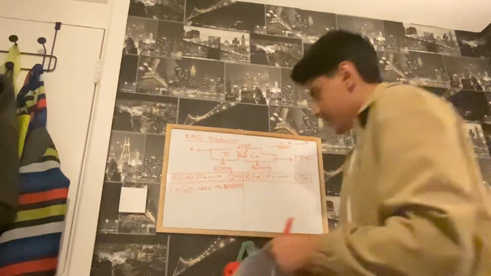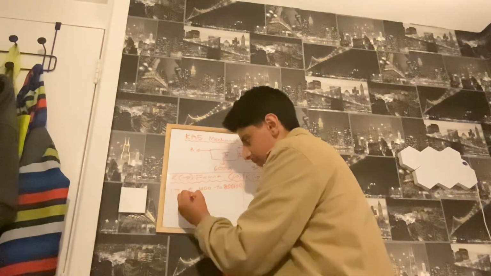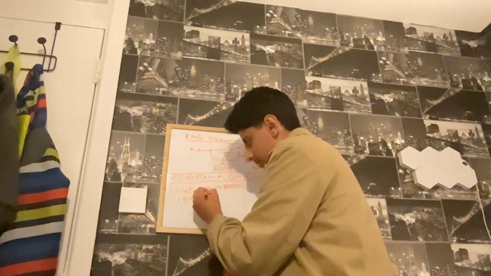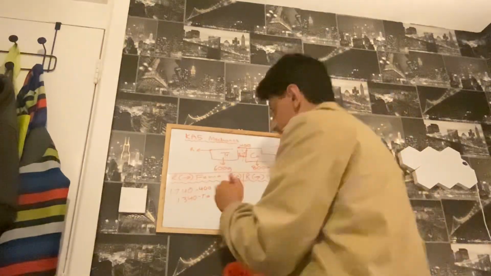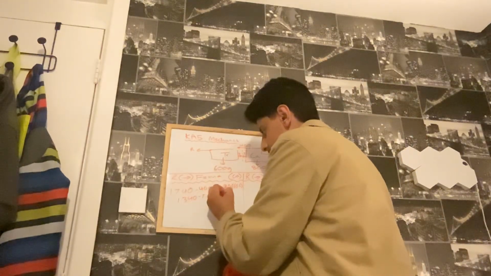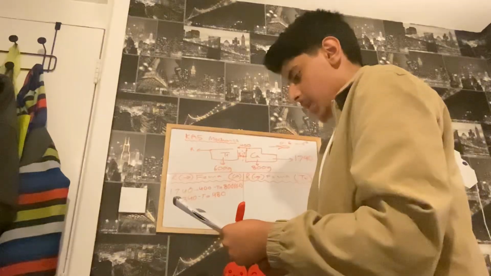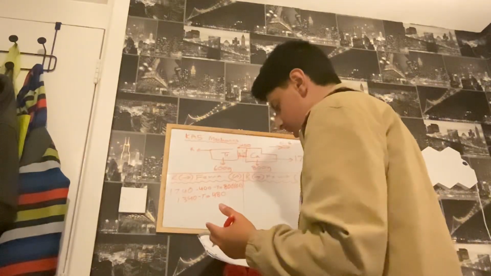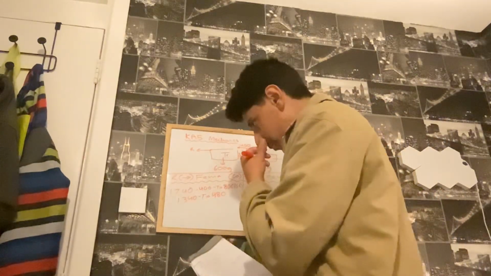Tidy things up a little bit, so we've got 1,340 minus T is equal to 480. If we move T, try and make T the subject of the formula.